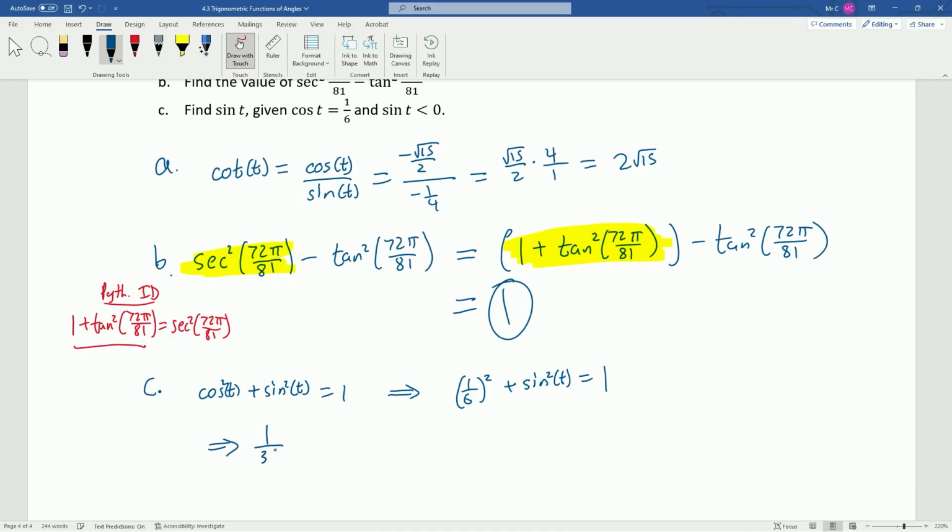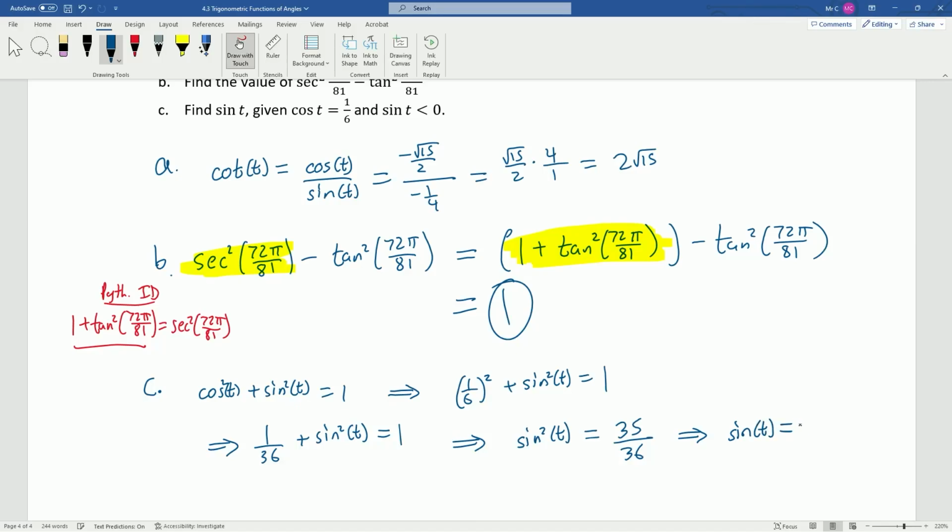That's 1 over 36 plus sine squared of t equals 1. And if I subtract the 1 over 36, I get sine squared of t equals 35 divided by 36. So finally, I take the square root.